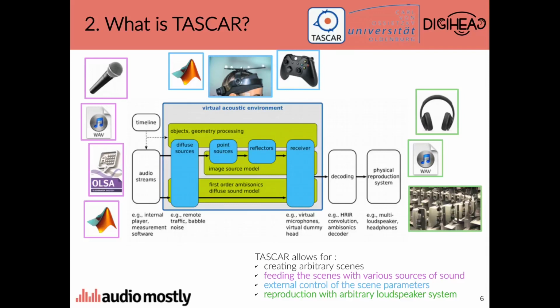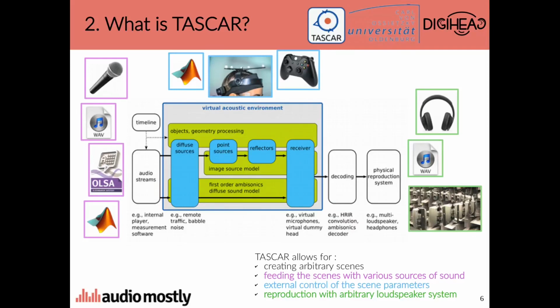So TASCAR allows for creating arbitrary scenes. You can see that in this TASCAR environment we can put various objects like diffuse sources, point sources, reflectors, or receivers, and also we can feed those sources with various sources of sound.